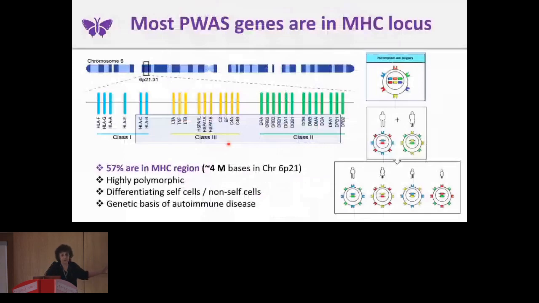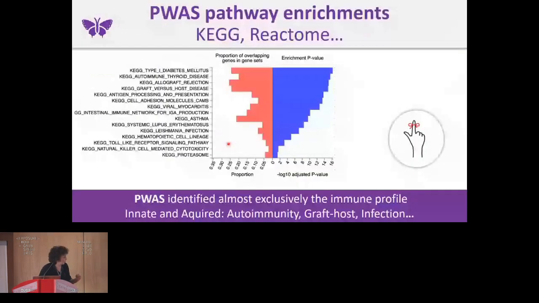So this is very attractive, of course. When you do the classical enrichment analysis, you find viral, graft rejection, thyroid, diabetes, asthma, all the immune pathways pumping up. So the conclusion: PWAS identified almost exclusively the immune axis of the disease.